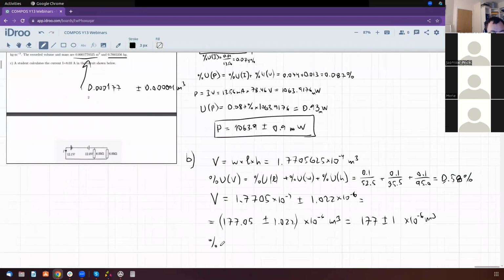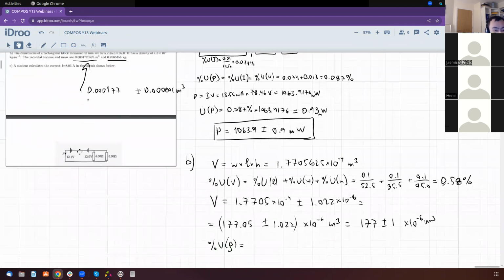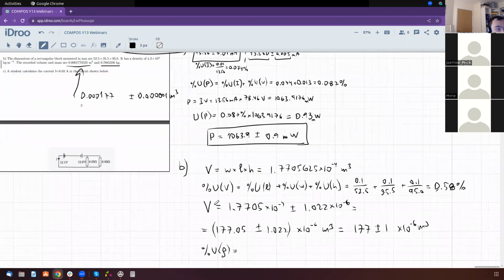We need the percentage uncertainty for the density. And this is going to be huge. So it's 0.1 divided by 4.3, which is 2.3%.